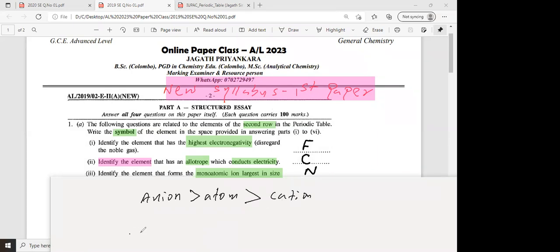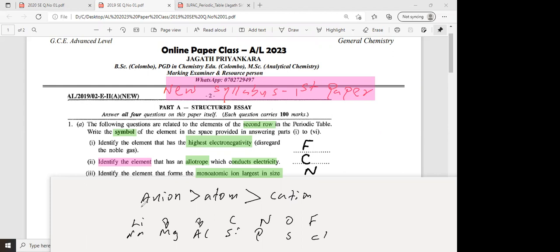So if you take sodium, magnesium, aluminium, silicon, phosphorus, sulfur, chlorine, or even lithium, beryllium, that means the second row, boron, carbon, nitrogen, oxygen, fluorine, chlorine. Now look at the screen. If you take this anion, when the charge of the anion increases, the size further increases.